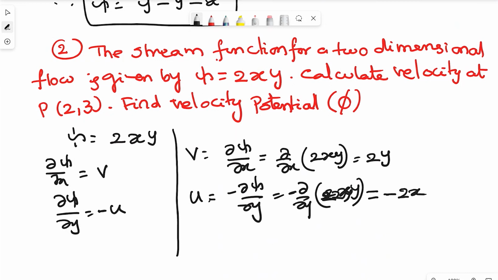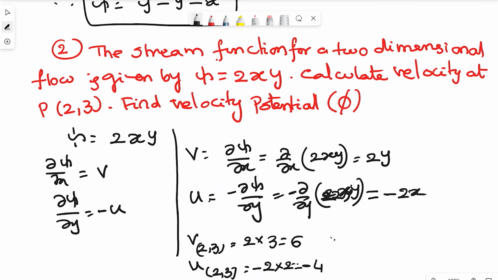Then what is the v value at the point (2, 3)? It is equal to 2y, means 2 into 3, 6. u value at (2, 3) is equal to minus 2 into 2, which is minus 4.